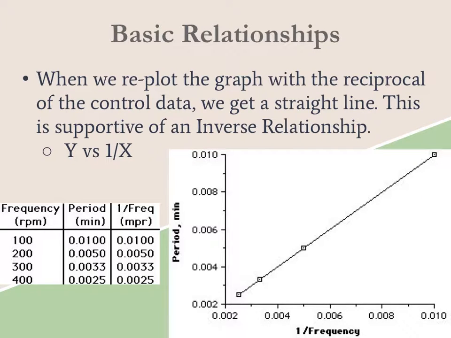Now, if we want to convert that to a linear relationship, we're going to manipulate the data a little bit, and then we're going to regraph it. The general equation for that inverse relationship is y equals A over x, where A is some constant value.